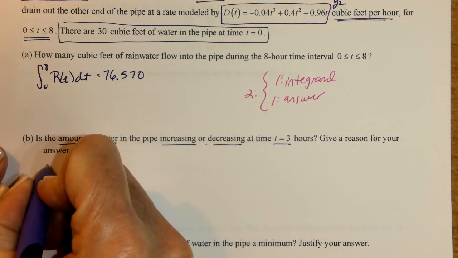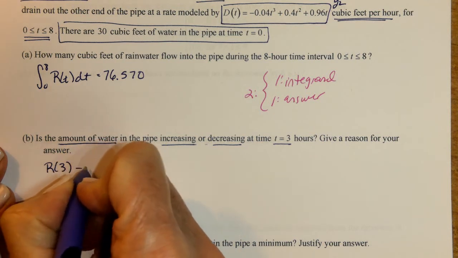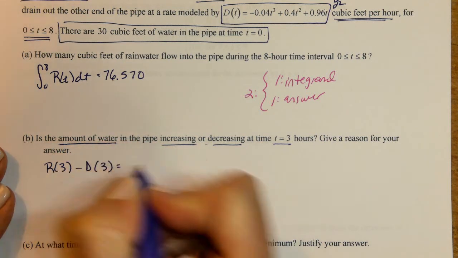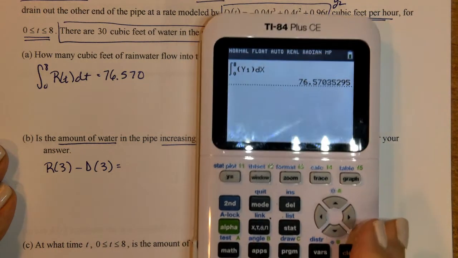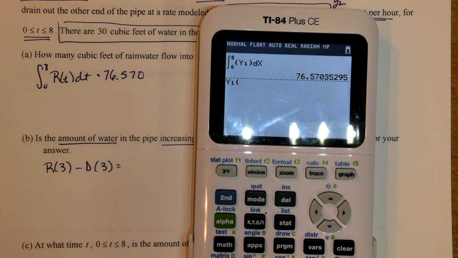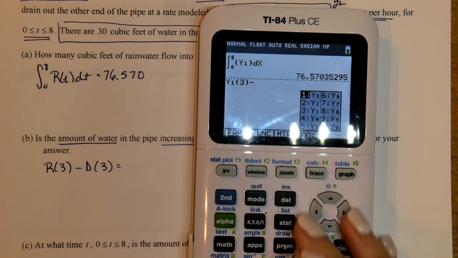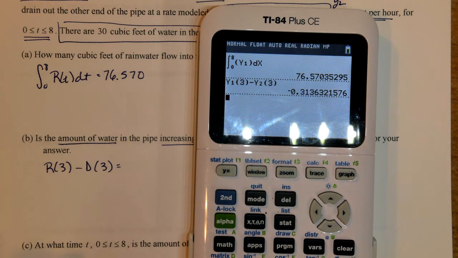So I want R at time 3 minus D at time 3, which is my Y1 at time 3 minus my Y2 at time 3.